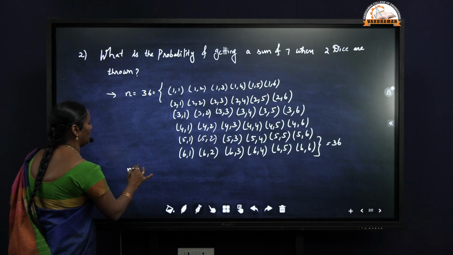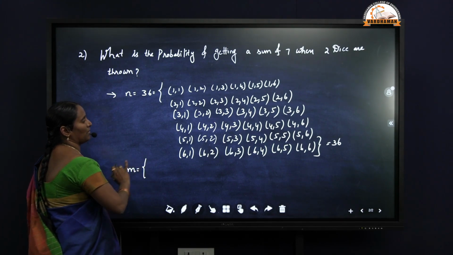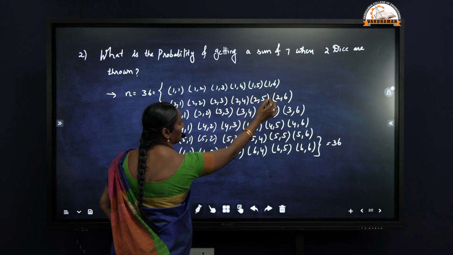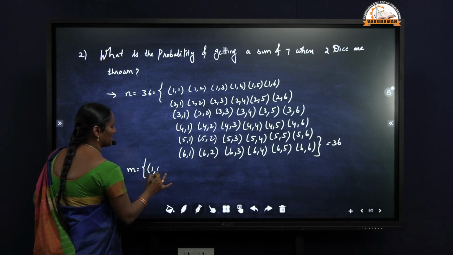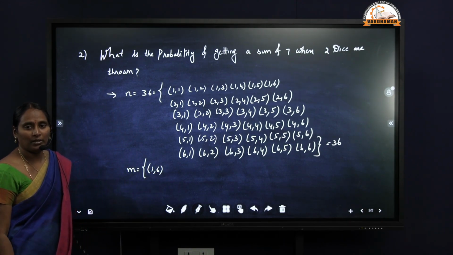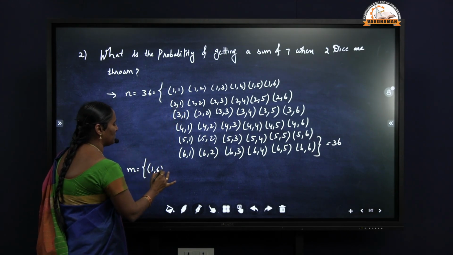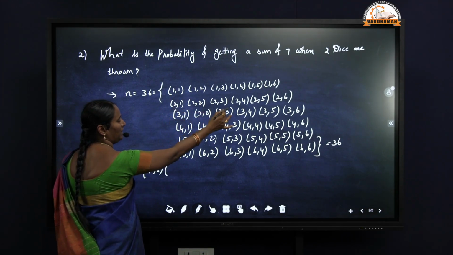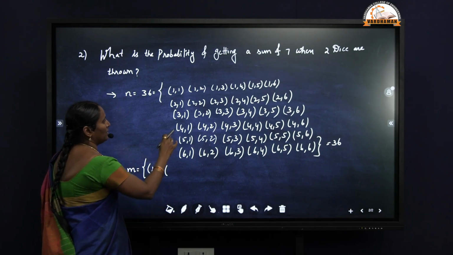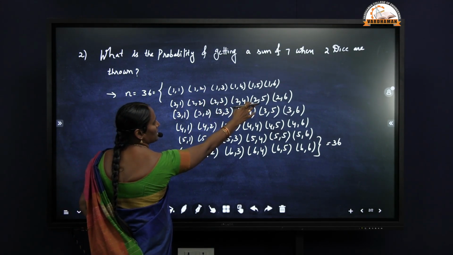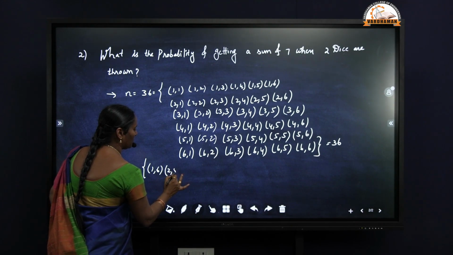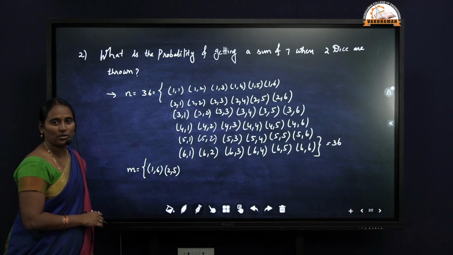So now let us see the favorable cases of getting the sum 7. In the first case, 1 6, 1 plus 6 is equal to 7. So when the first die shows 1, we have only one condition. Now 2 5: 2 plus 5 is equal to 7.